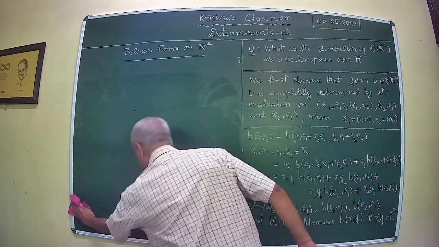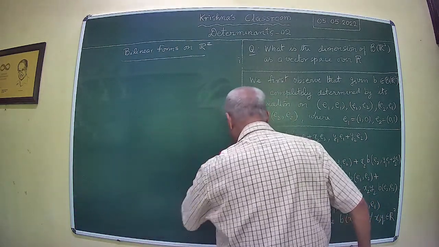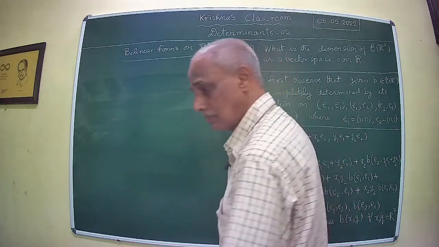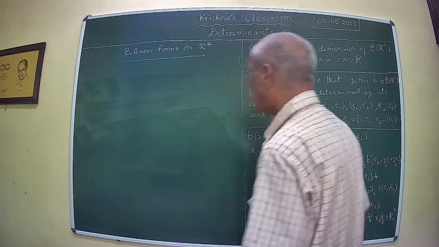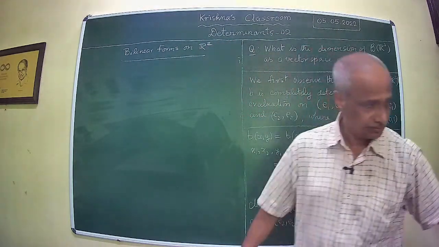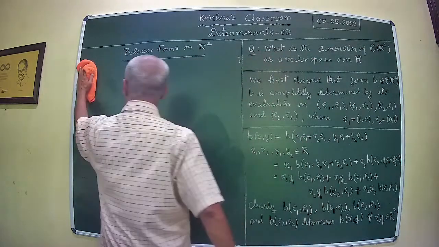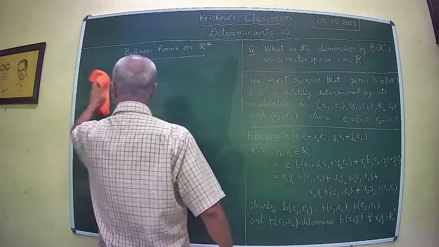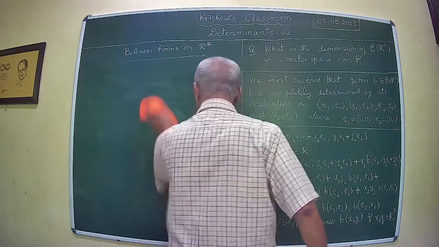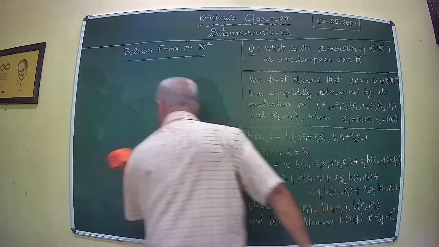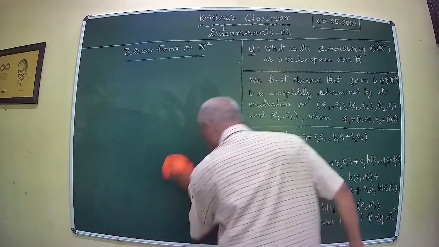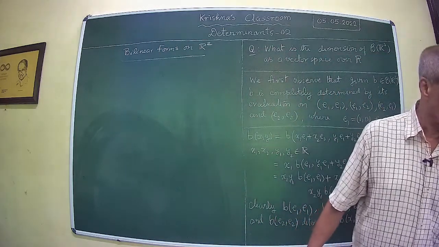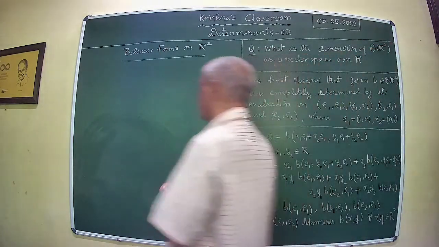Therefore, now what we do, we are interested in constructing a basis for B(R2). That's our objective. So we are investigating what exactly is the dimension of B(R2). So for that we construct a basis. We make the following observation. Okay. So consider B(R2).